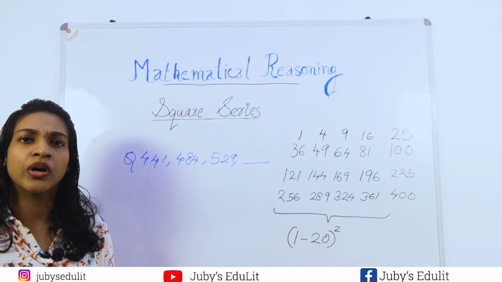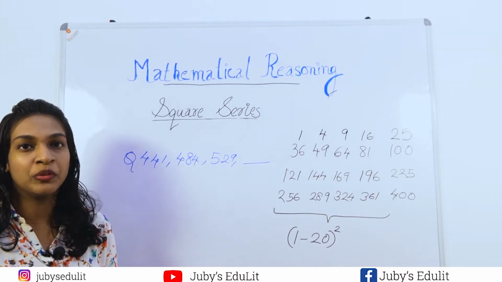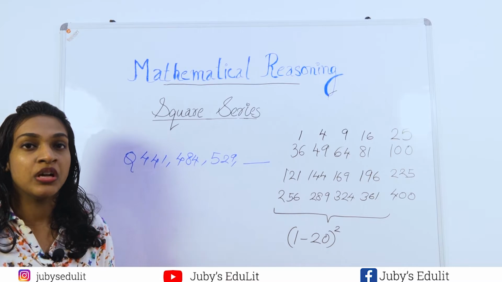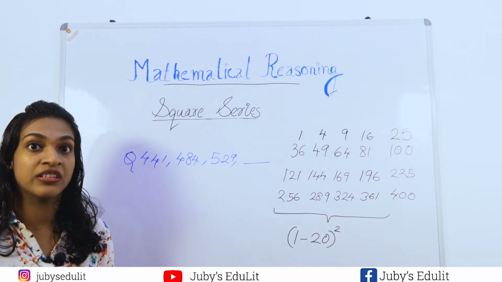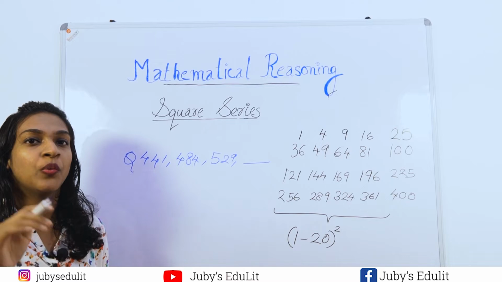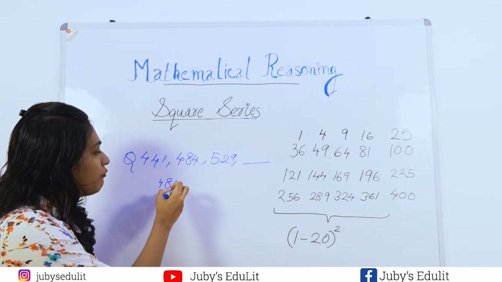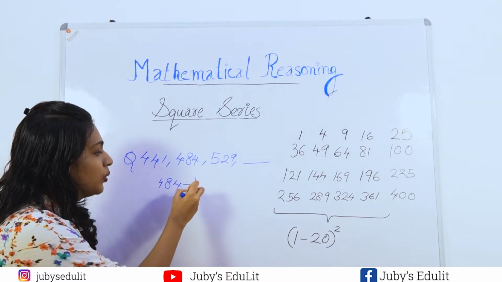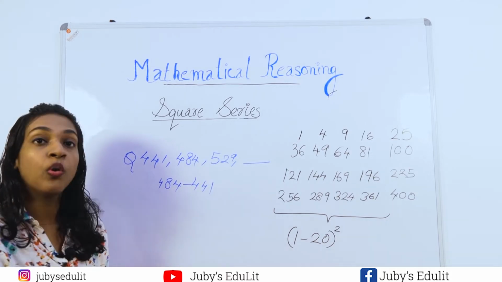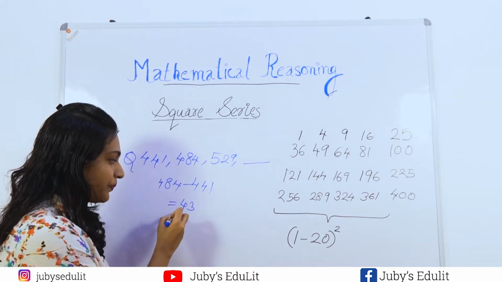Now let's look at the alternate way to find the answer for this. Some of you might find it difficult to rote learn the entire 25 squares, and if so, what you can do is subtract. When 441 is subtracted from 484, what you will get? It is 43.